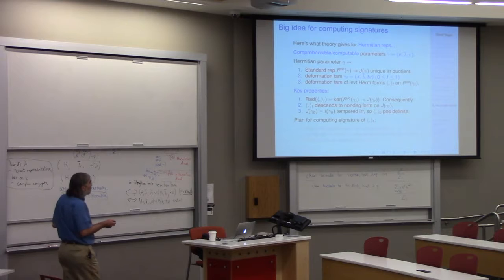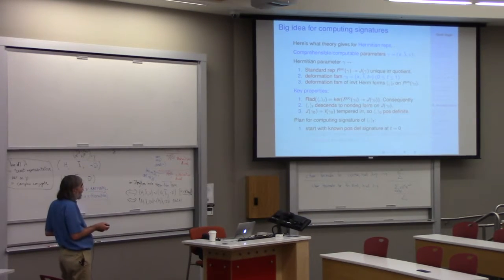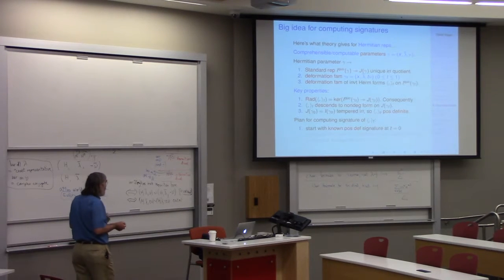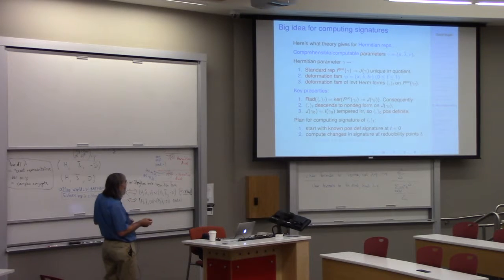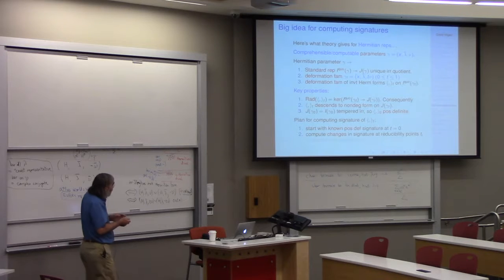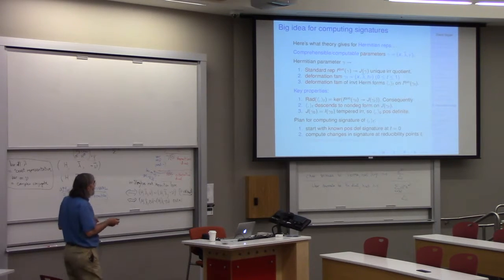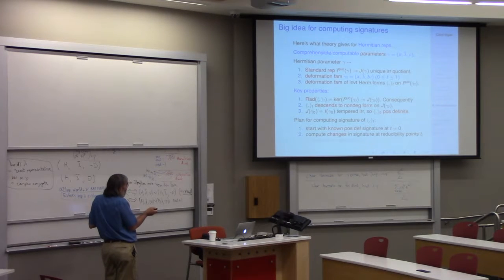So here's the plan for computing signatures. We'll start with the known signature at t equals 0, and then look at this deformation family. The form is varying in a continuous way, and so the signature is constant except when the form becomes degenerate.